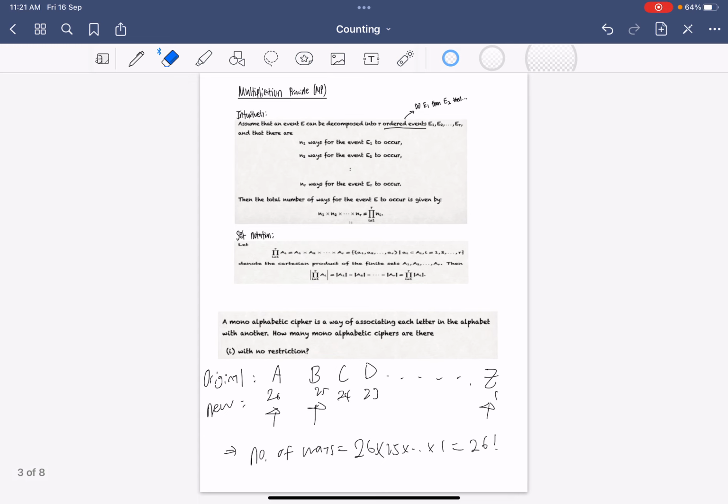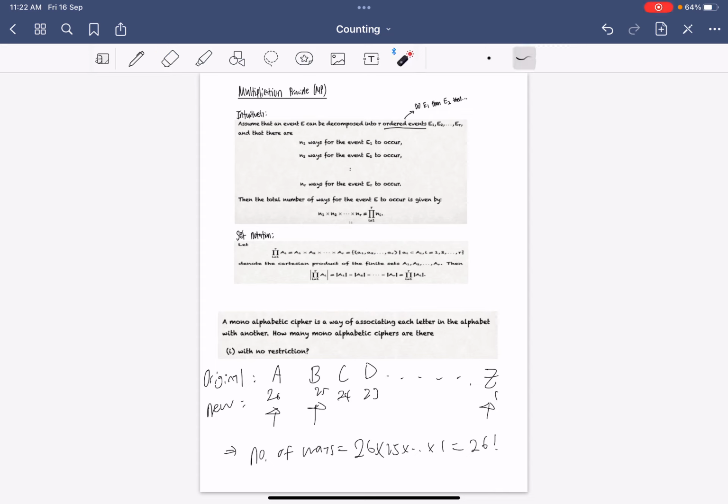Yep, that's all for the multiplication principle, and you can see how fairly intuitive it is when you apply it to your daily lives. So a more concrete example of using it will be, for example, we want to sort and arrange the 26 letters in the alphabet, and there's no restriction on how we're going to sort it. So the original alphabet has 26 letters, A to Z. But now we have these 26 elements and we want to rearrange them.